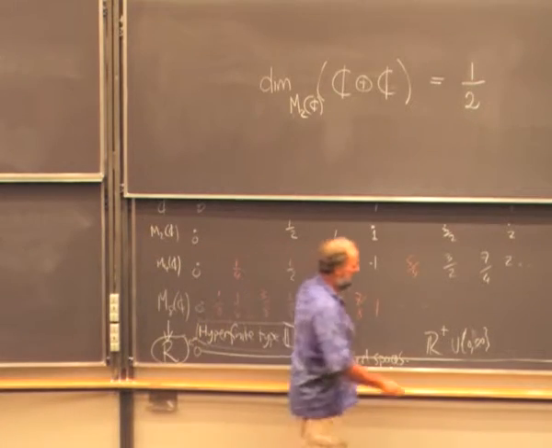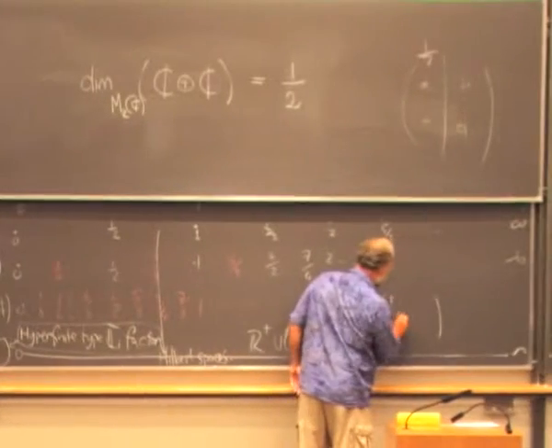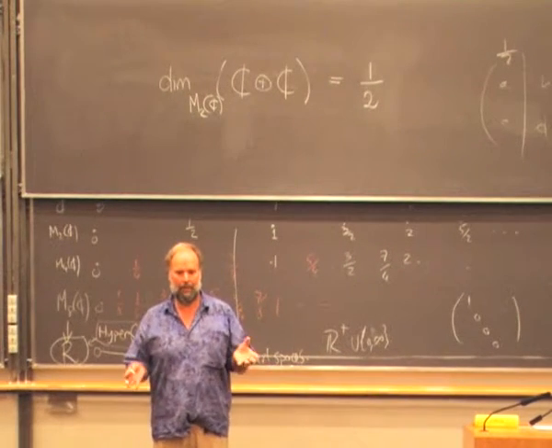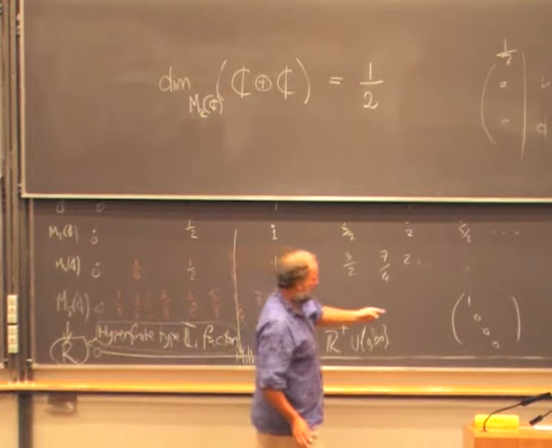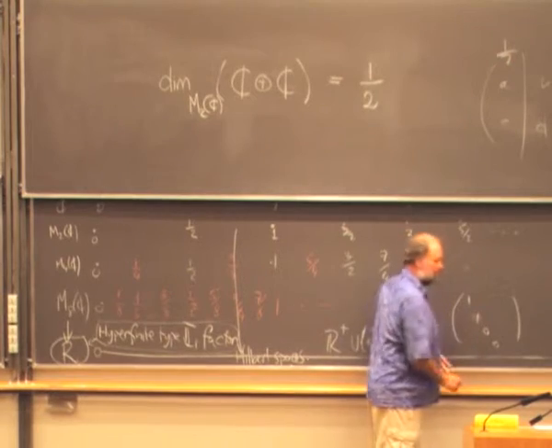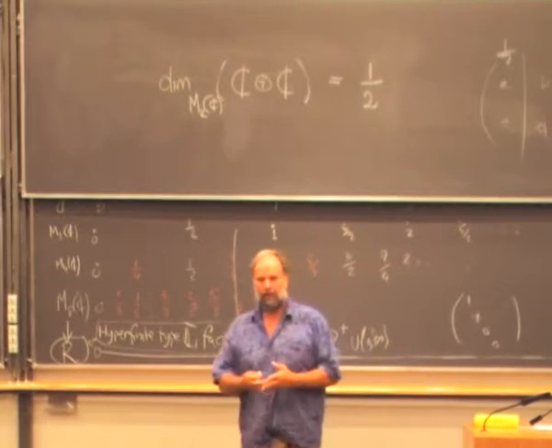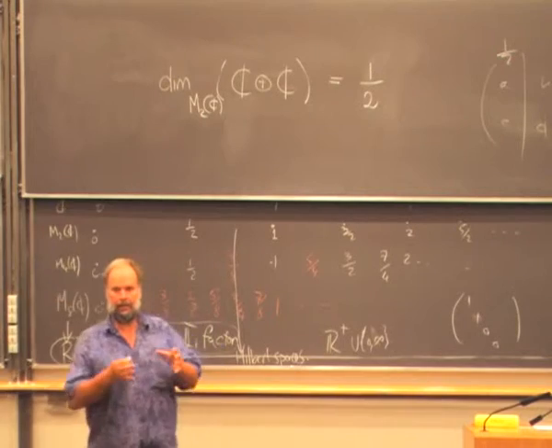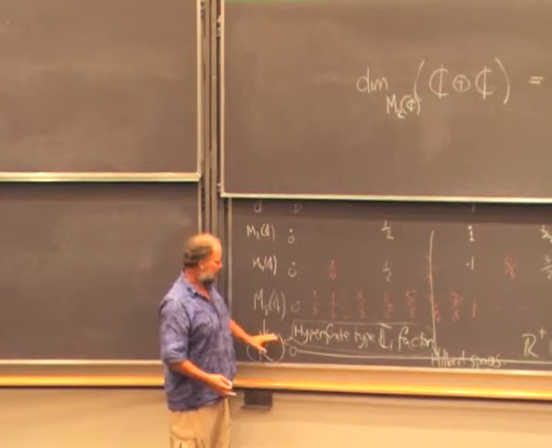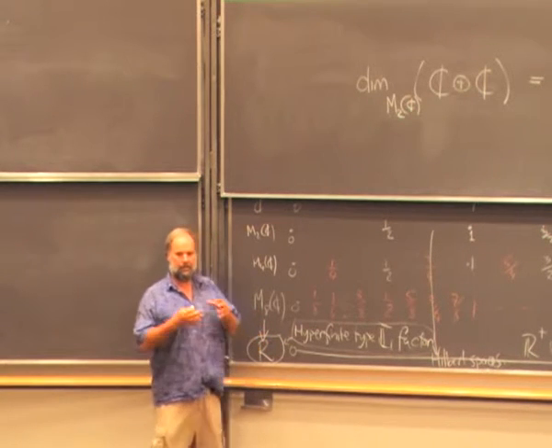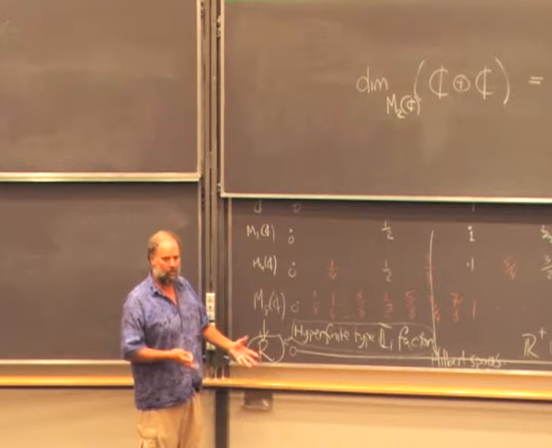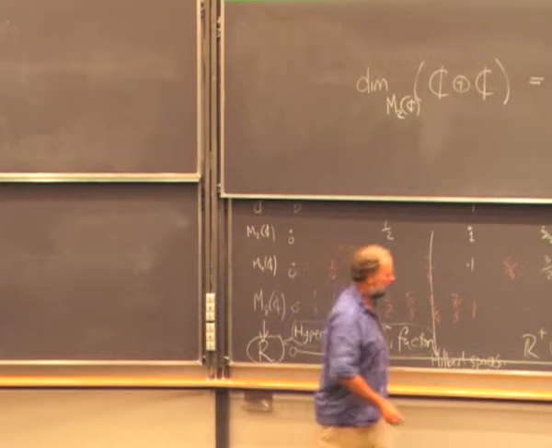If you took the 4 by 4 matrices, and you took this projection here, and you decided to normalize the trace so the trace of the identity was always equal to 1, to be a common thread of this talk, then the trace of this guy would be a quarter, and the trace of this guy would be a half, and so on. Okay? So another way of saying that there is this continuous dimensionality in this hyperfinite II-1 factor is to say that it has projections, it has a trace, the trace of the identity is 1, and the trace of the projections takes all values between 0 and 1.